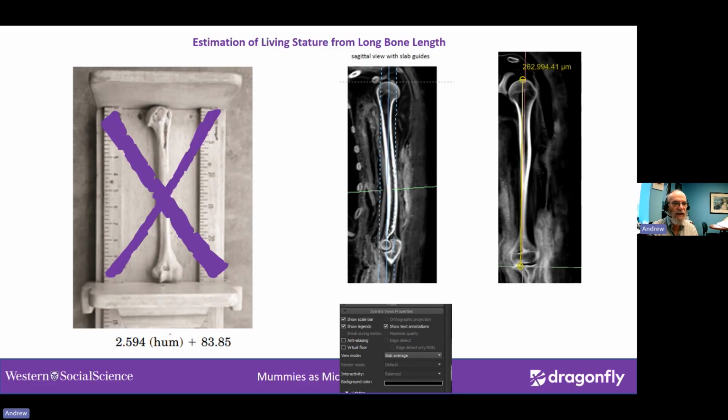That allows us to create a measurement with this simple linear measurement tool, which gives us a measurement that we can then put into the stature equation to predict a stature for the individual that is homologous to what we would have done on an osteometric board.